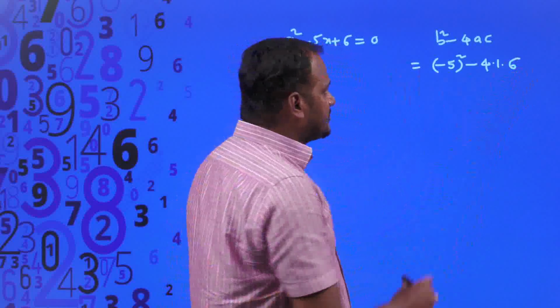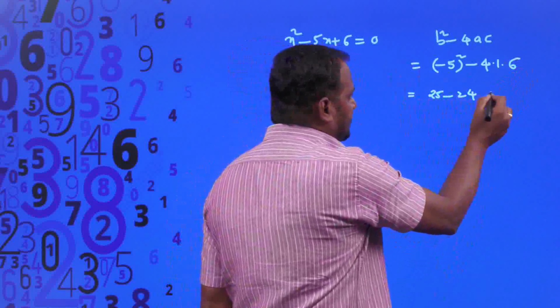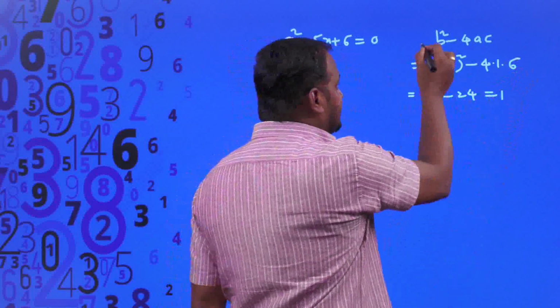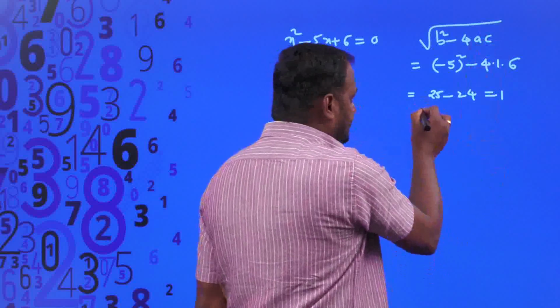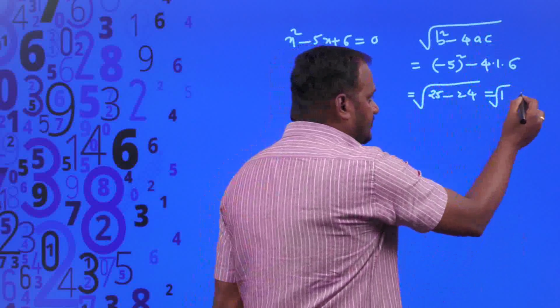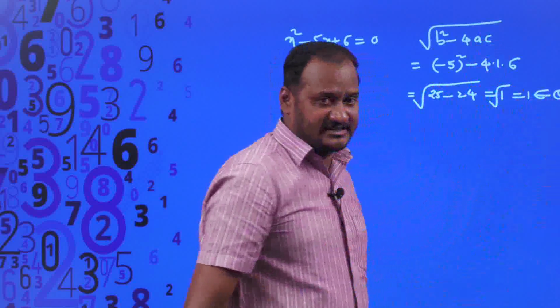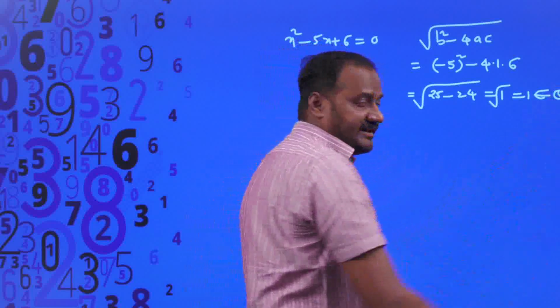So minus 5 whole square is equal to 25, minus 4 sixes are 24, is equal to 1. Since it is inside the square root, the square root of 1 is equal to 1, or it is purely a rational number. Sorry, it is purely a rational number.